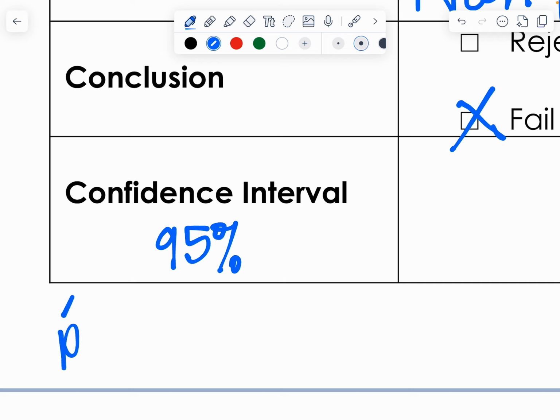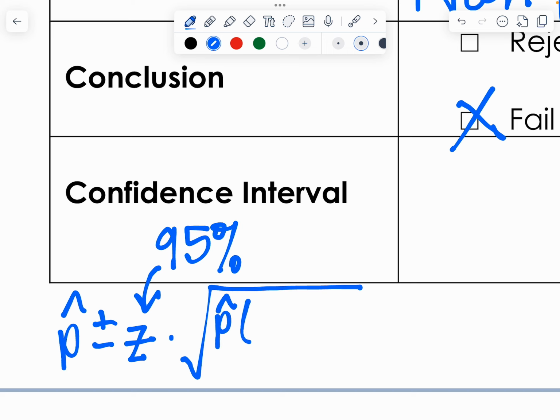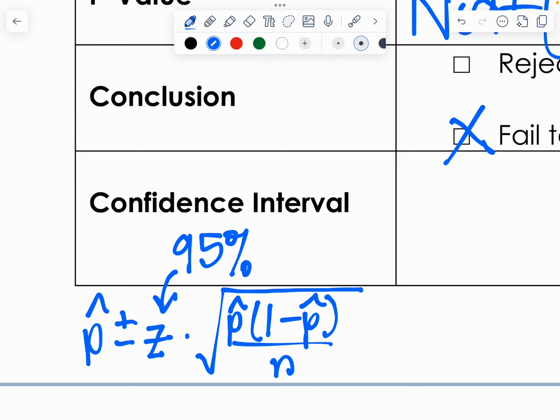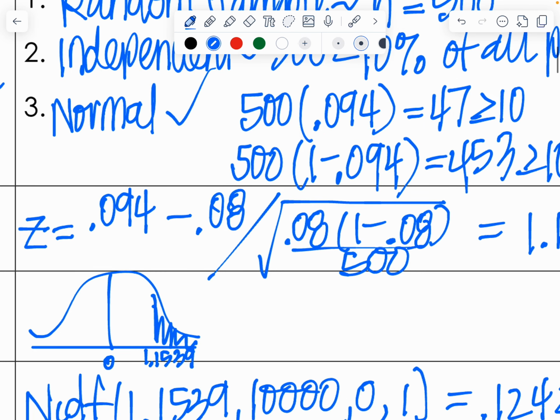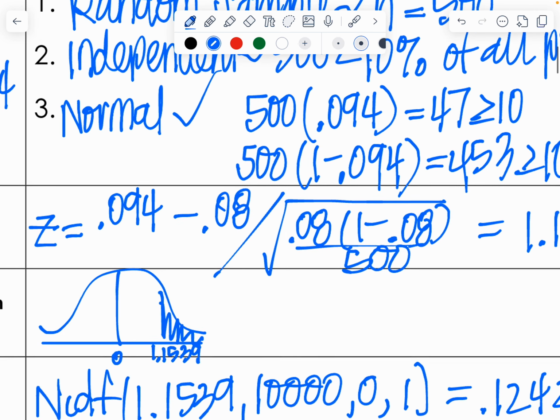So remember, we do p hat plus or minus the z-score that goes with that 95%, that critical value, times the square root of, now we're switching, p hat times 1 minus p hat over n. We do that because that's all the value we actually have, whereas up here, when we run a test of significance, we're assuming the claimed value is true. That's why we use that in our standard deviation formula.